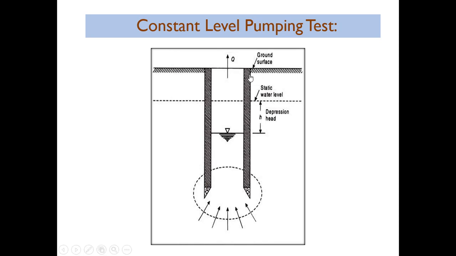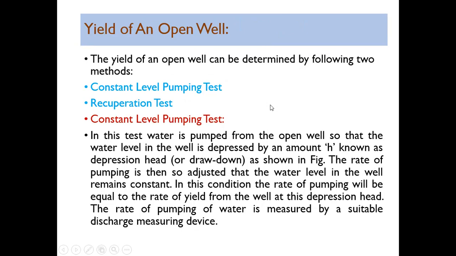A pump having sufficient capacity is arranged and the water is pumped through the well till it achieves a certain depression head H. The rate of pumping is then adjusted so that the water level in the well remains constant. That is the difficulty with this test.